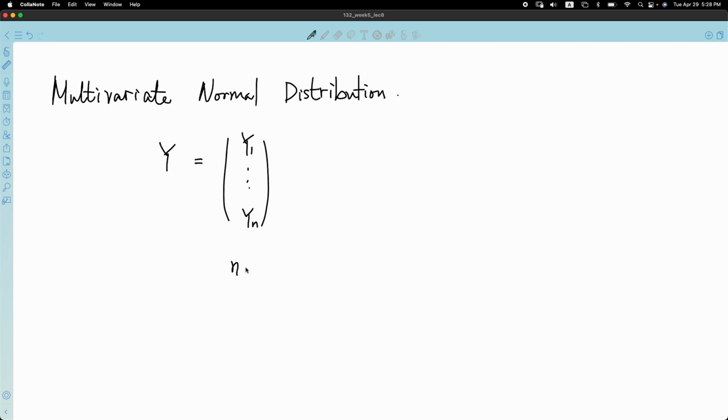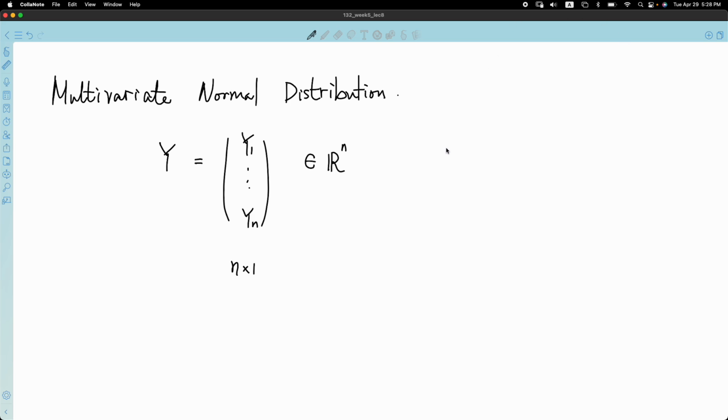There are n rows and 1 column, so you can write it as n by 1. And there are n elements there. The underlying statistical concepts stay the same, except that we are moving to high dimension in this topic.